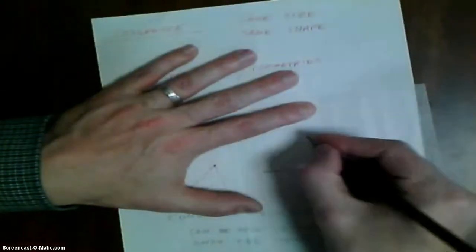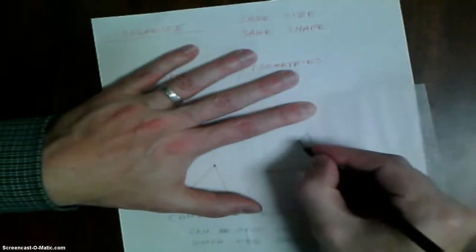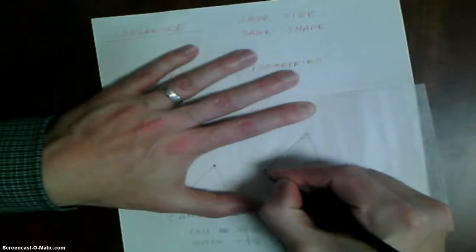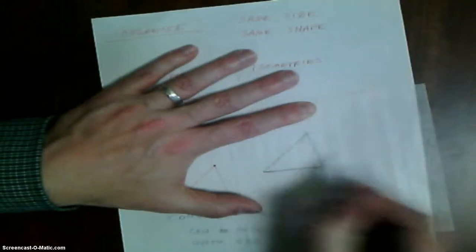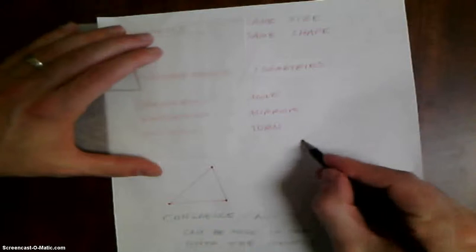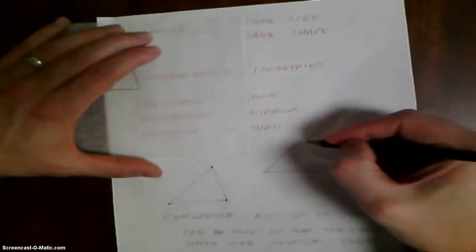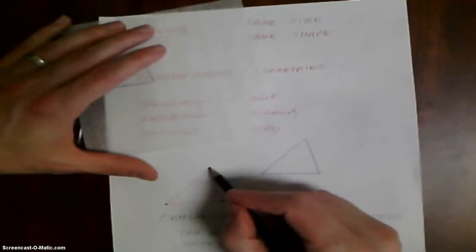Okay, so if there's a triangle over here, let's go ahead and make one. If I slide this over, and I think if I press hard enough and make a little dent in the paper, I can kind of see it. Yeah, so this triangle is translated, and you can see that it is identical, and every point goes over by the same amount.